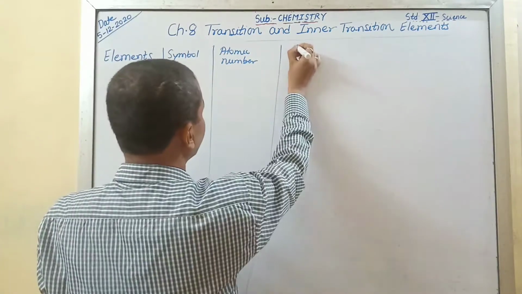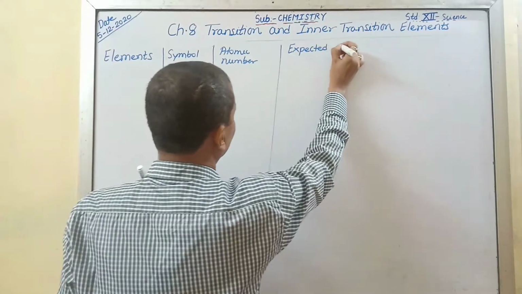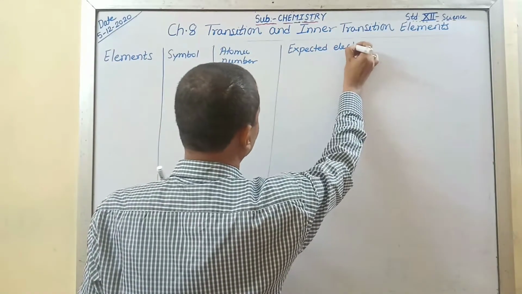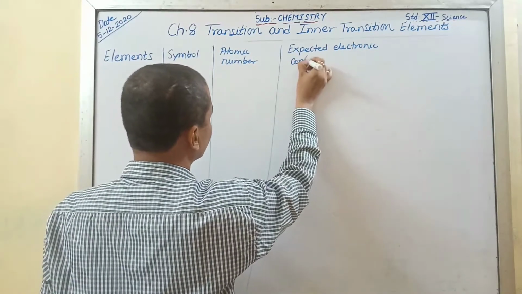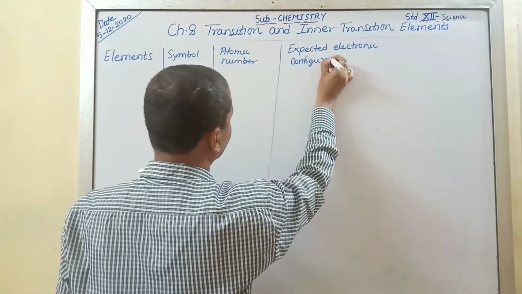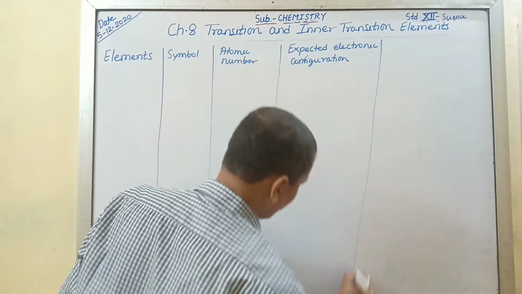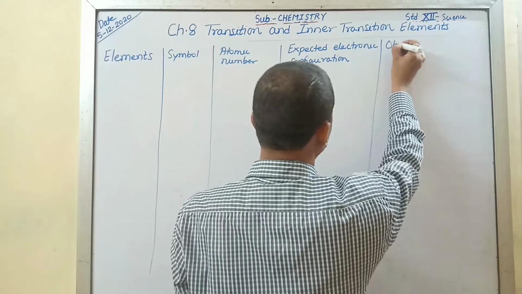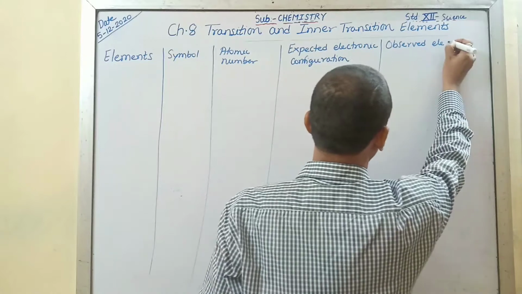The next column is of expected electronic configuration, and the last column is of observed or actual electronic configuration.